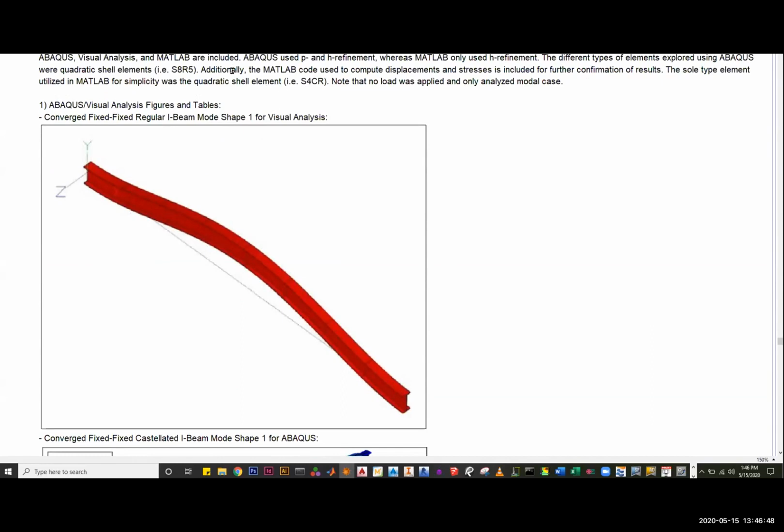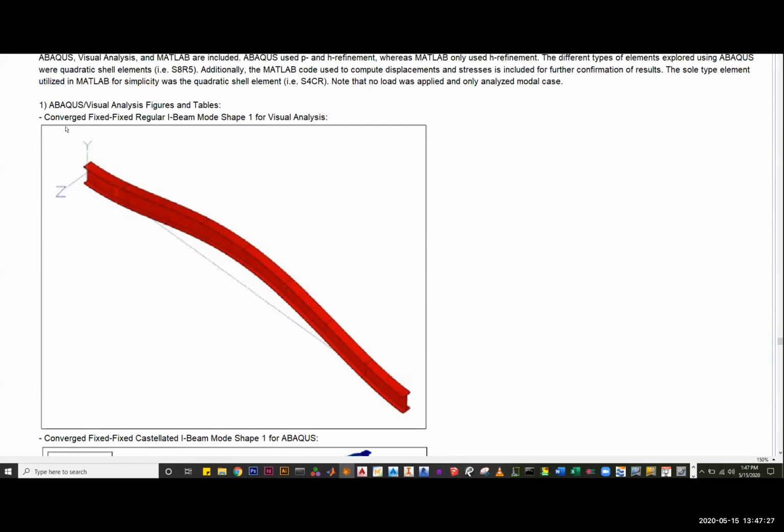Just for fun, I used another software to plot a comparison between the castellated model in Abaqus and the regular beam in the other software. What I'm doing here is a parametric study. I'm trying to confirm whether the results I'm getting from Abaqus are good, so I think this will be good to use in our software.